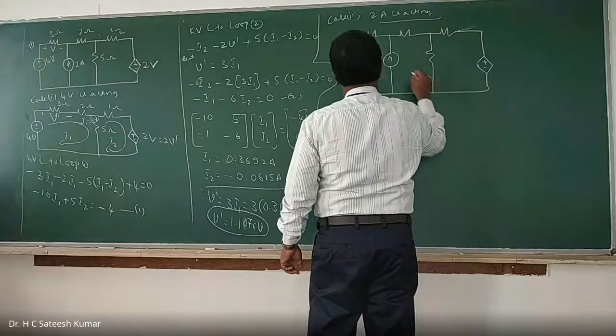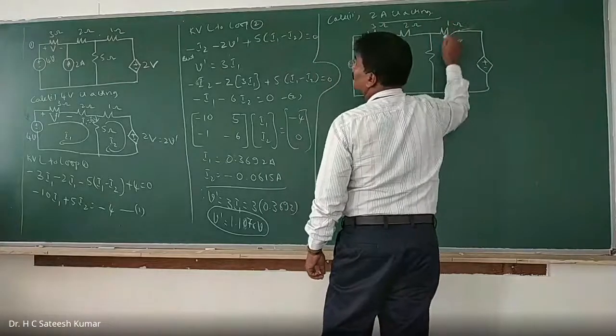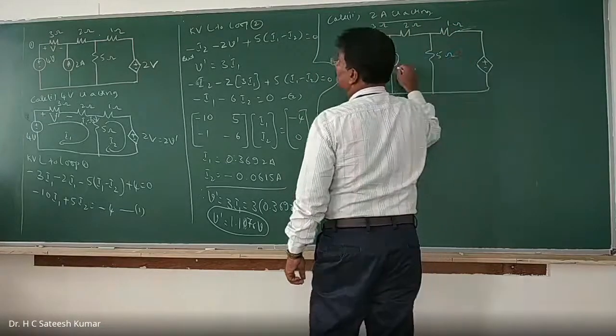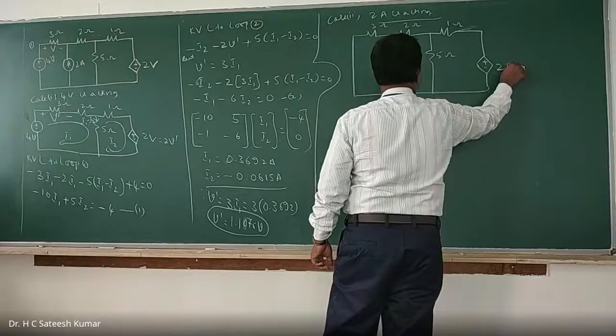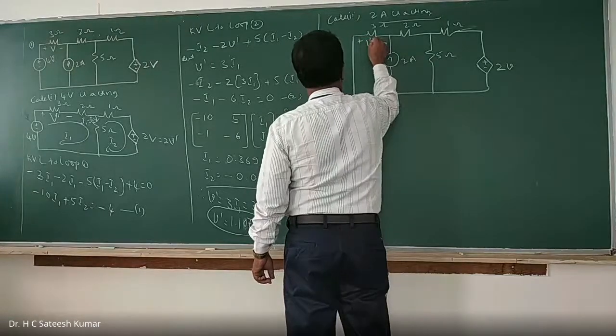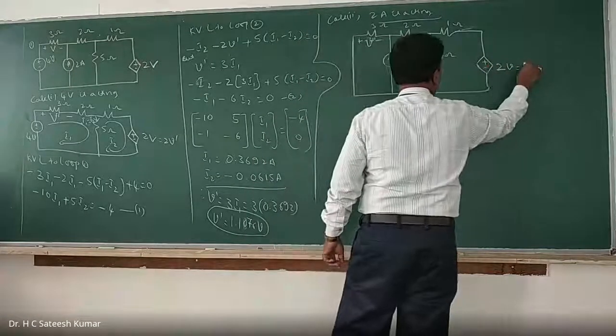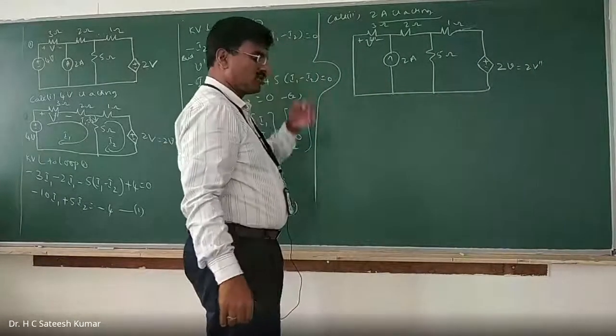Now we have 3 ohms, 2 ohms, 1 ohm, 5 ohms, and this is 2 amps. This is 2V, plus minus. This one we call V double dash, so it will become 2V double dash. Here itself I am substituting.